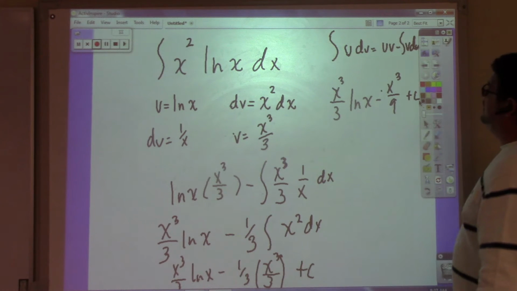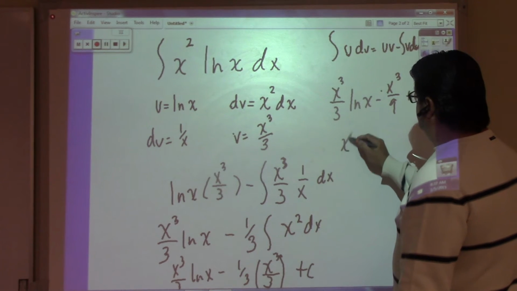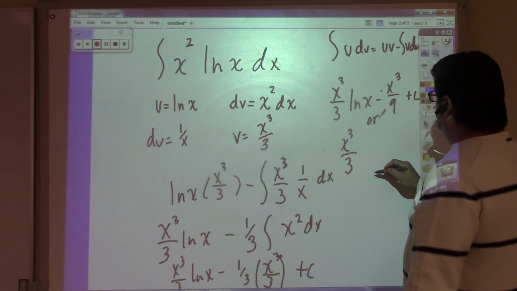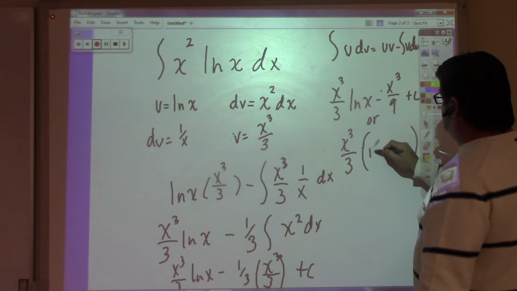Plus c. You could factor out an x to the third over 3 if you wanted to. X to the third over 3, and that would give you what? Natural log of x.